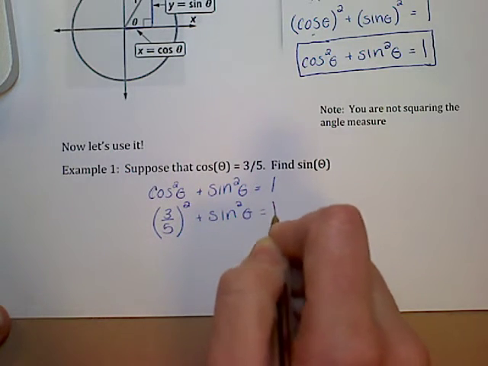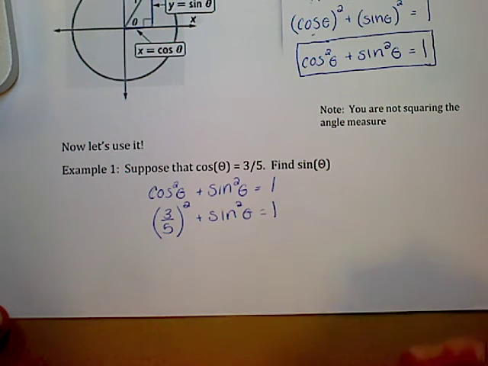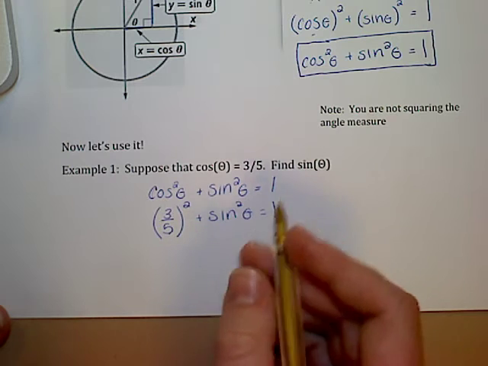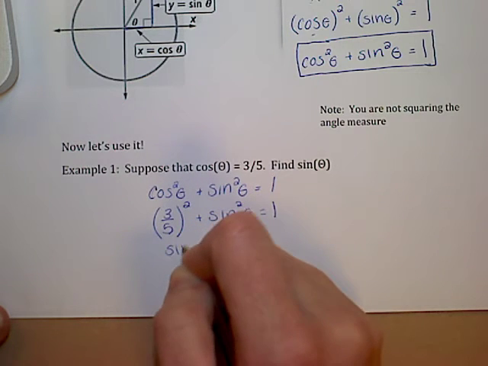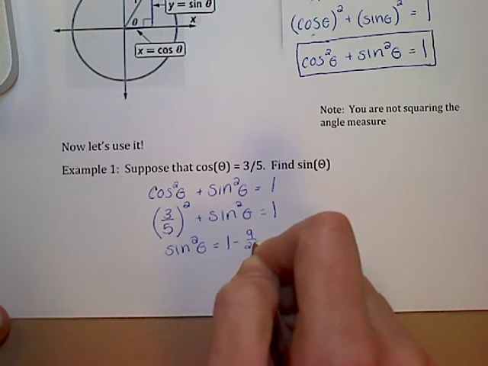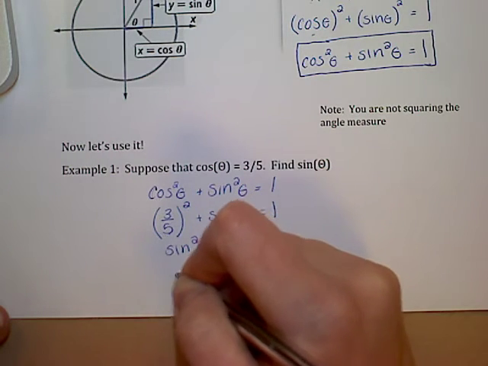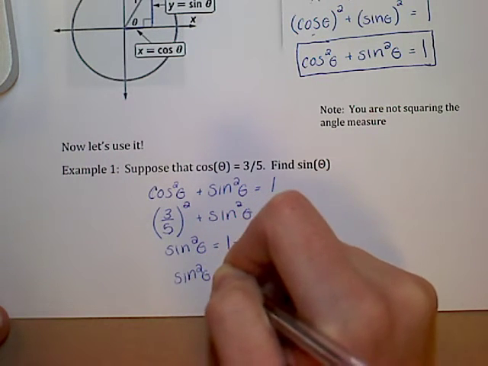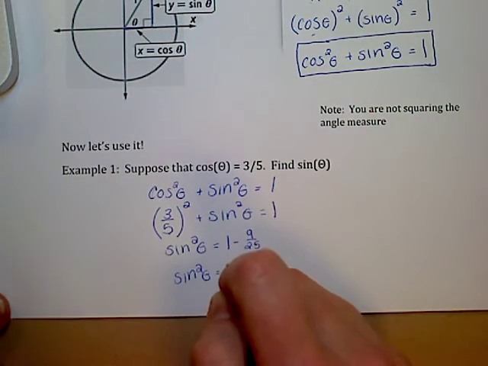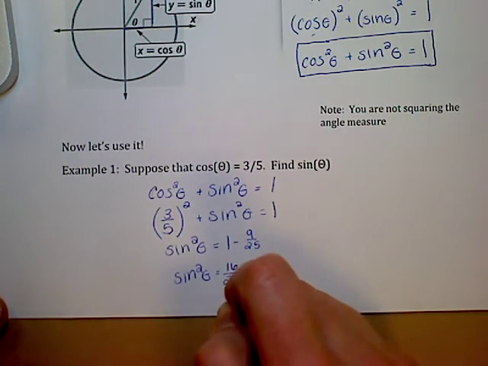And the first thing that I need to do is get sine squared of theta by itself. So 3/5 squared is 9/25. I'm going to subtract that to the other side. And that is going to leave me with 1 minus 9/25, which is 16/25.